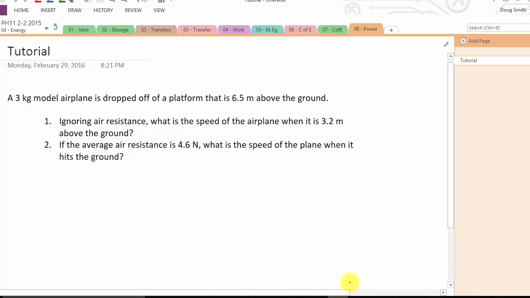Okay, so to start off, there are two approaches to get started in these questions. You could just start with an equation of conservation of energy, which is always true.